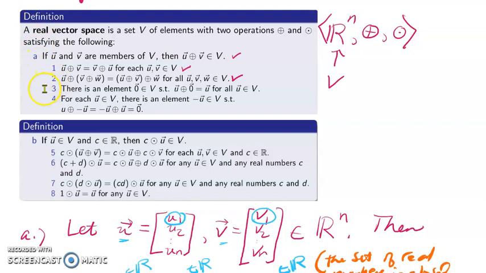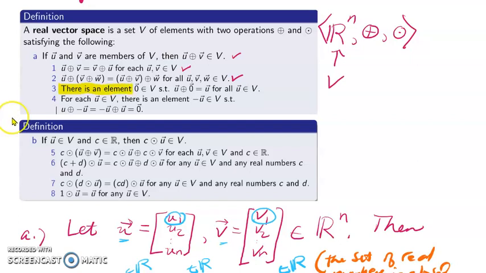Property A3: there is an element 0 such that u plus 0 is equal to u for all u in V. Again, this is existence of an element. So we need to find an element, so there is an element.